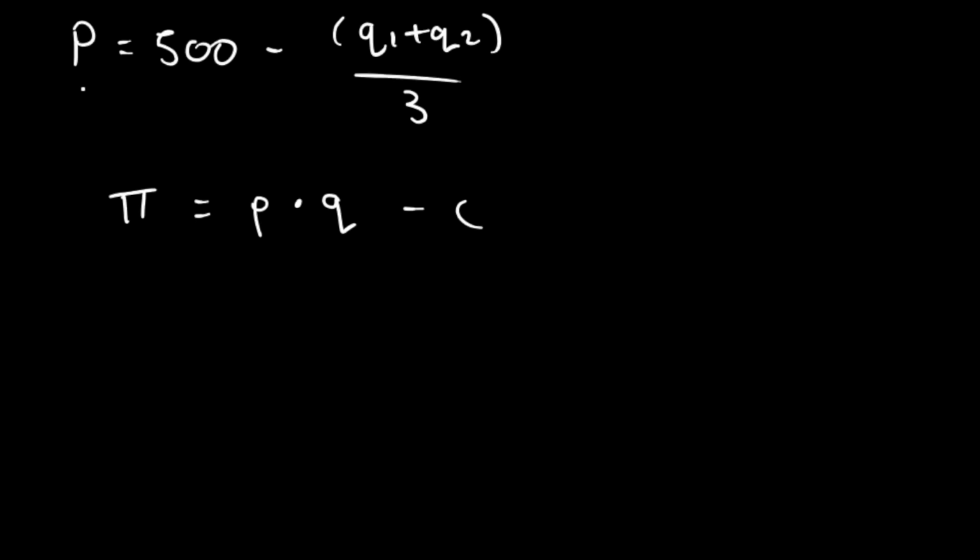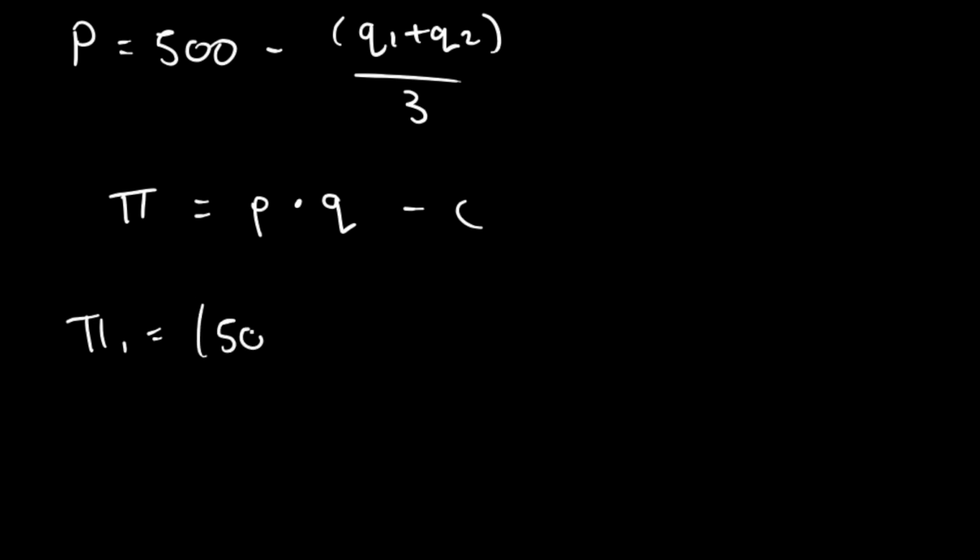So we've got our market price and we've got our profit function. Now let's look at the profit for one of the two firms. Let's say firm 1. The profit function for firm 1, now that we can start plugging in the value for the market price and the cost, is going to look something like this.